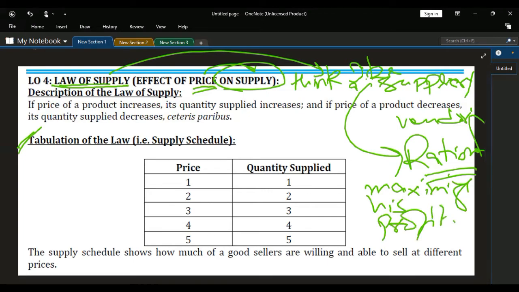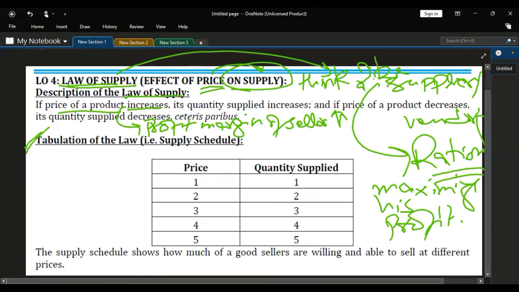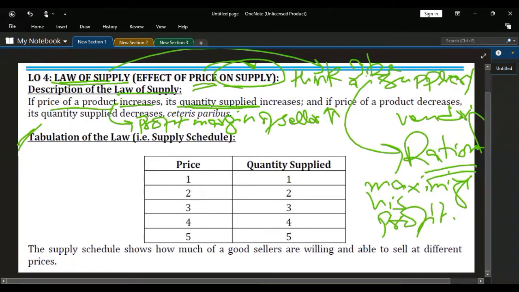So what is law of supply? If price of product increases, the profit margin of the seller increases and he offers more and more quantity of such good, so quantity supplied also increases.